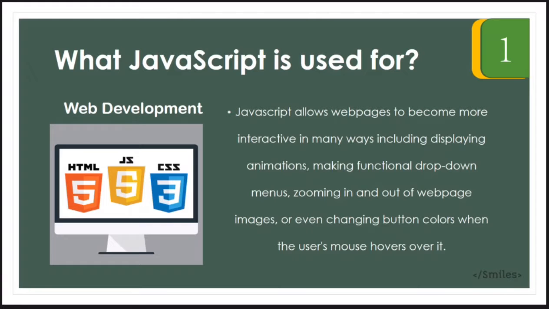When you hover over with a mouse, that is JavaScript. It is commonly used for creating web pages. It allows us to make dynamic behavior on the web page and add special effects.